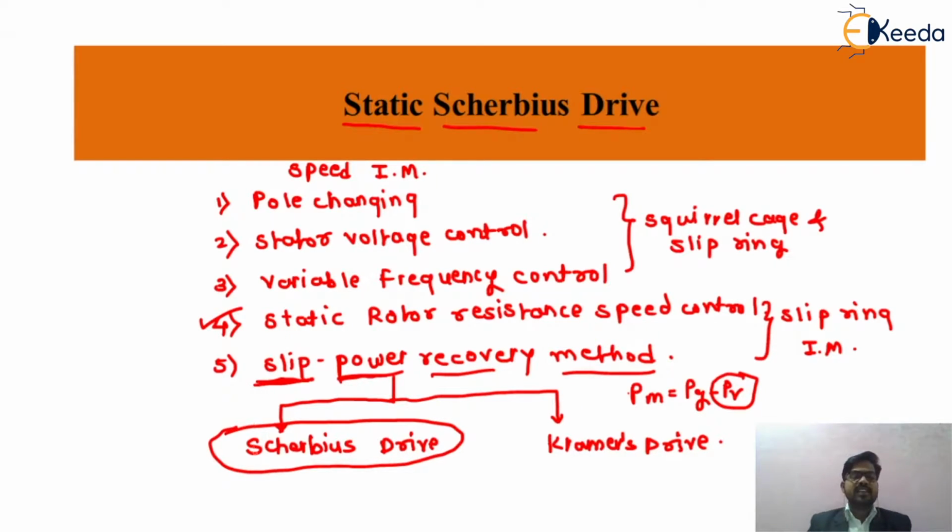In the static Scherbius drive, the speed control is below synchronous speed, so the value of PR should be positive, as we had already discussed. The speed control is possible below the synchronous speed for the wound rotor, or slip ring, induction motor, because in the static Scherbius drive the value of PR is positive. If PR is positive, then the value of PM, the mechanical power, will be lesser, and obviously speed control will be possible below synchronous speed. That is the concept of the static Scherbius drive.